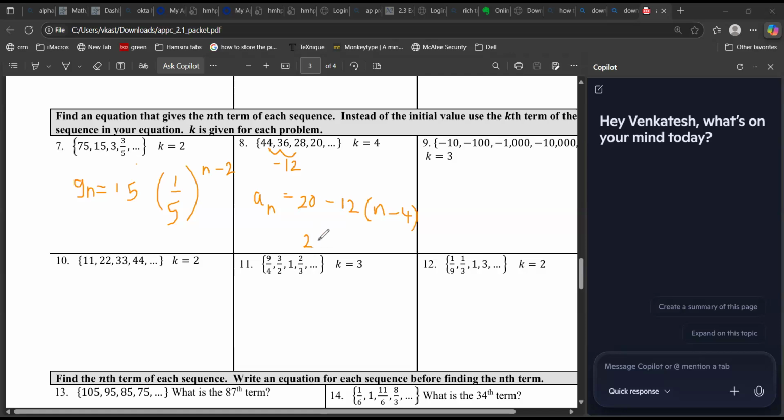Now 20 minus 12n plus 48, right? So that would be 68 minus 12n. I'll check on this, guys. So that will be an. Any questions here, guys? I will check on that one. Hold on. How have they used it in AP Pre-Calc in general?